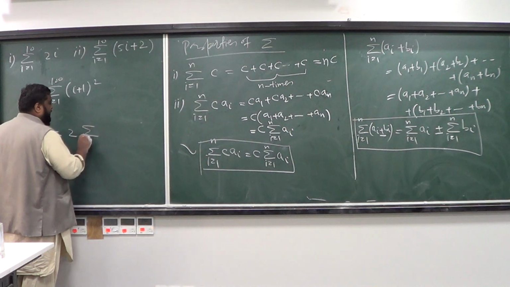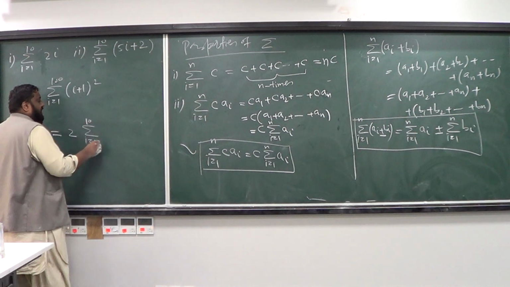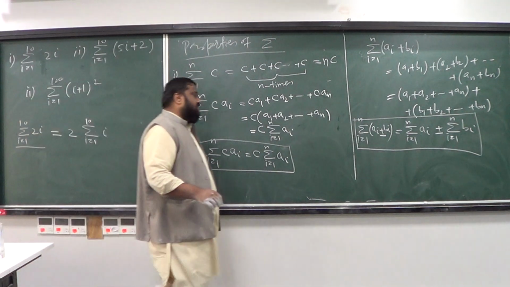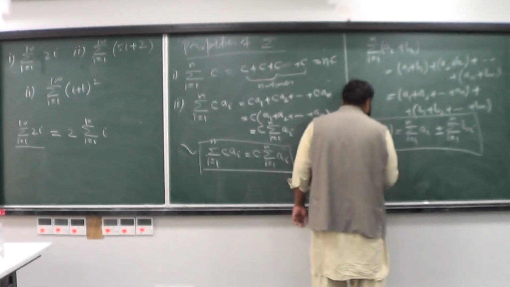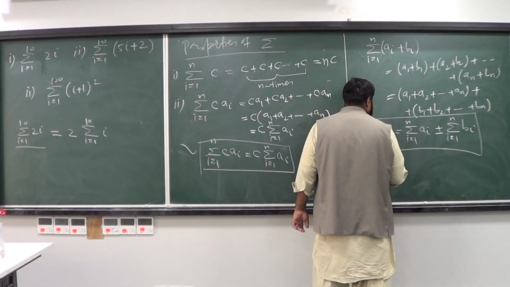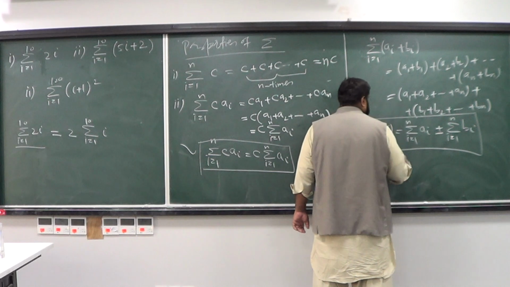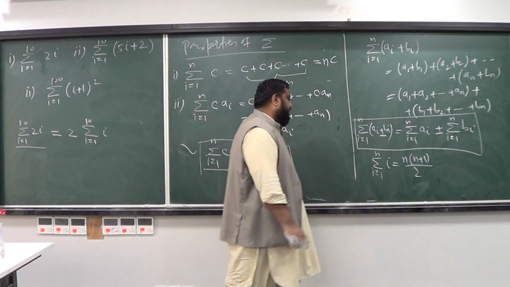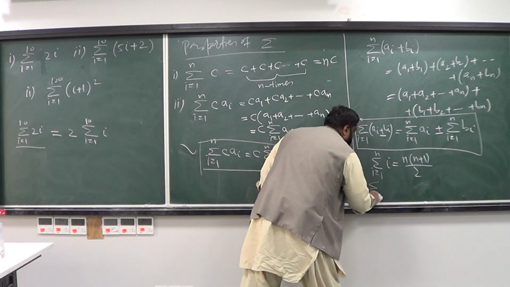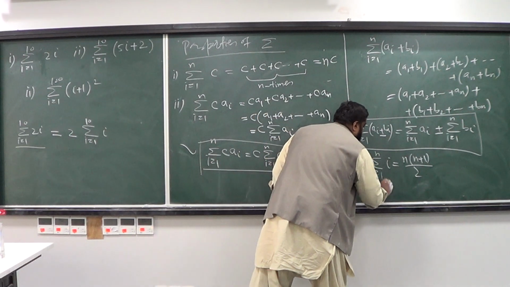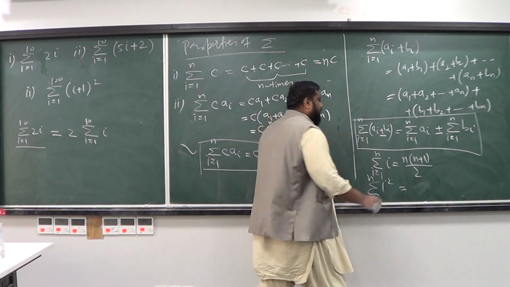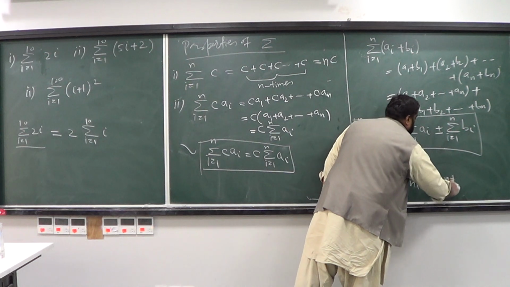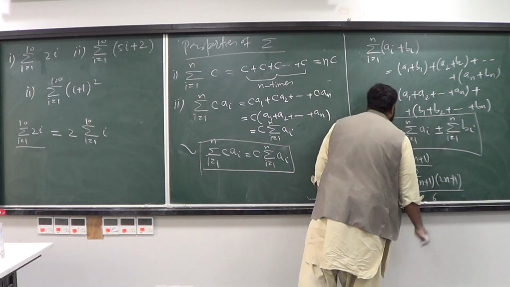It's going to be 2 times the sum from i equal to 1 to 10 of i. And don't forget that the sum from i equal to 1 to n of i was n times (n plus 1) upon 2. What was it for i squared? The sum from i equal to 1 to n of i squared was n times (n plus 1) times (2n plus 1) divided by 6.